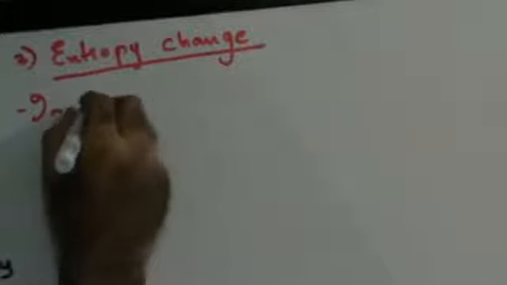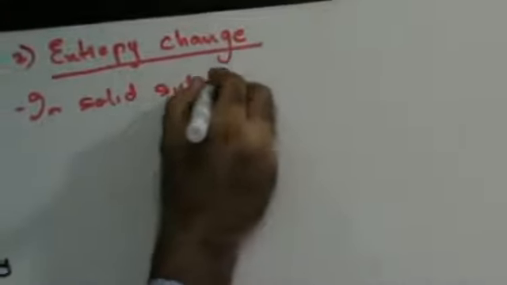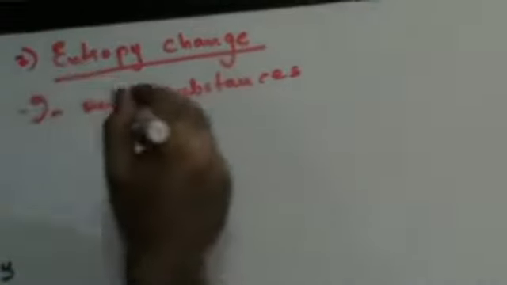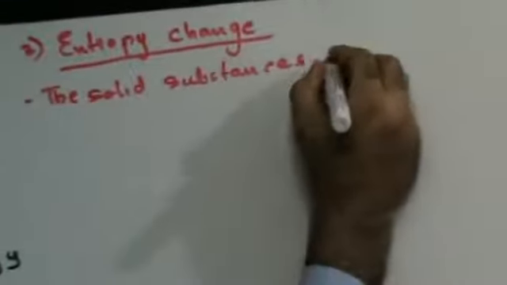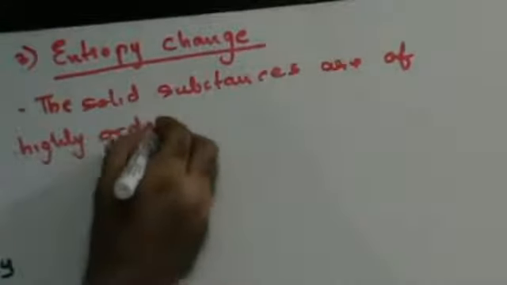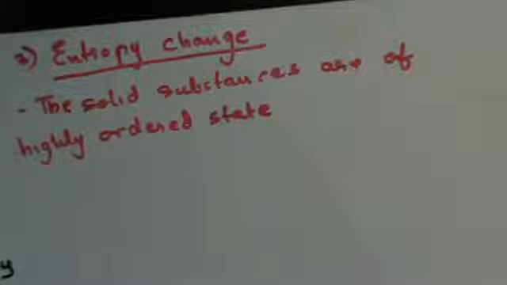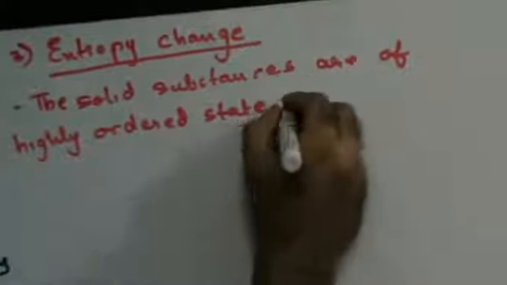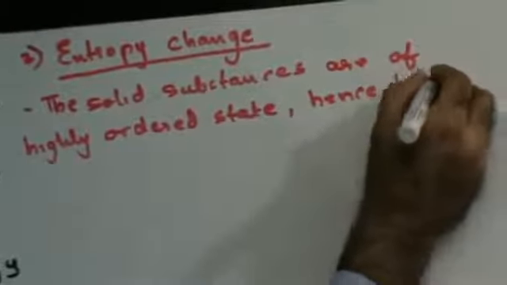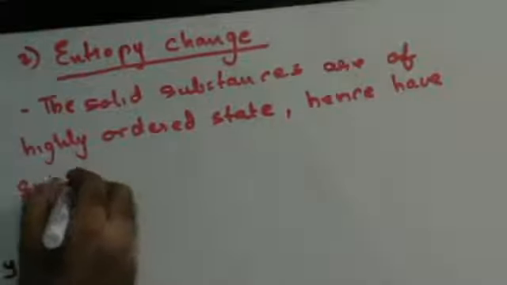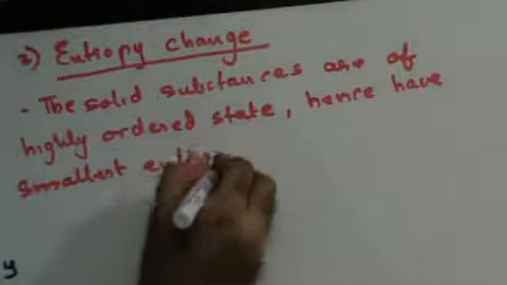Okay, let's write this much down. All the solid substances are of a highly ordered state. Hence, they have the smallest entropy.